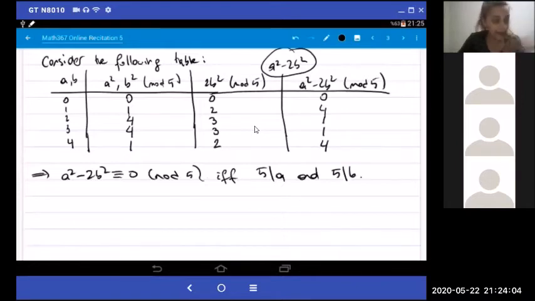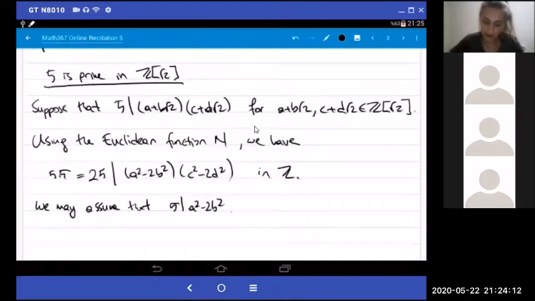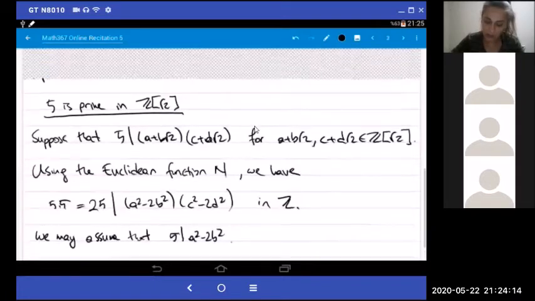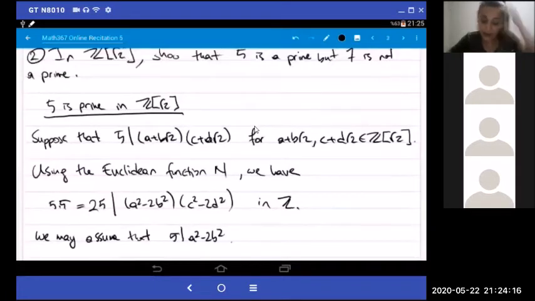And in this case, what we have is that 5 divides a + b√2. If you remember, we started solving the question by assuming that 5 divides the product (a + b√2)(c + d√2). And at the end, we have found that 5 has to divide one of them.